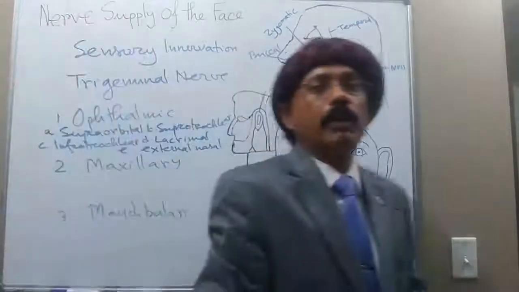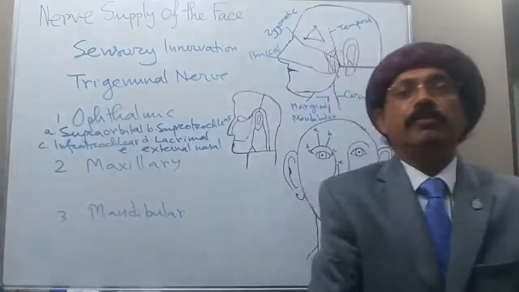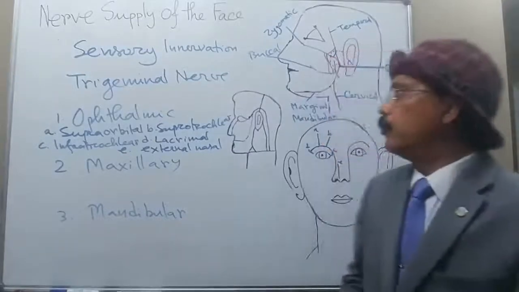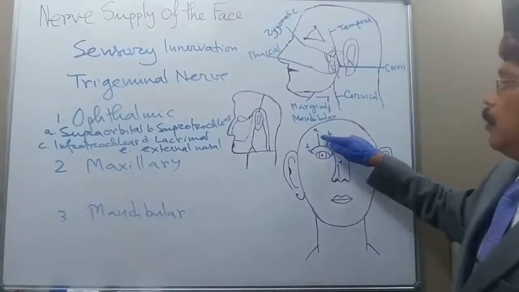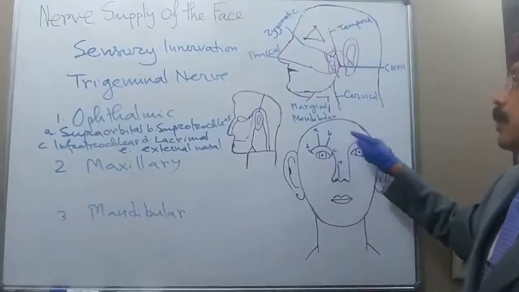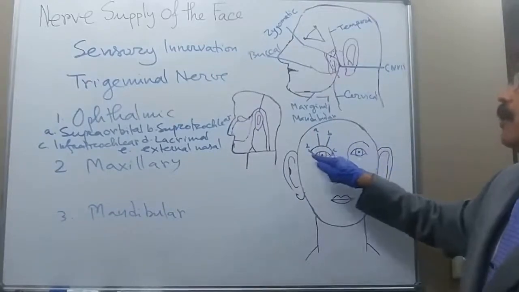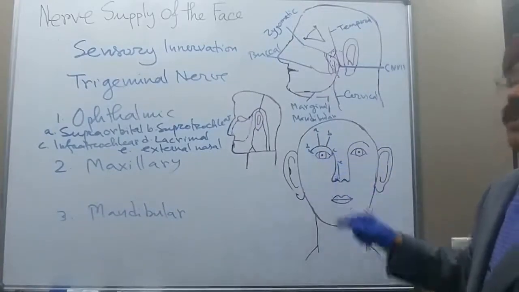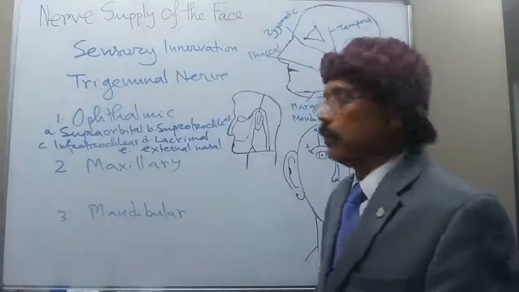So we got 5 branches of the ophthalmic division of trigeminal nerve: supraorbital, supratrochlear, infratrochlear, lacrimal, and external nasal branch.